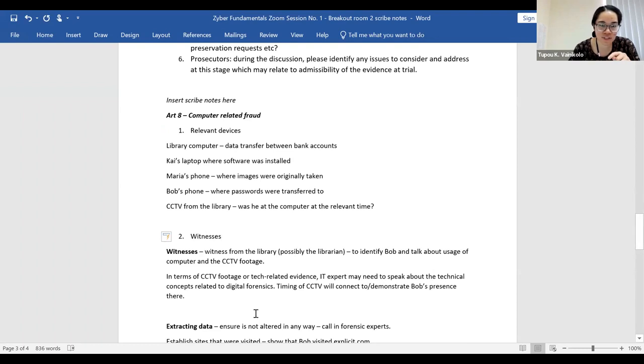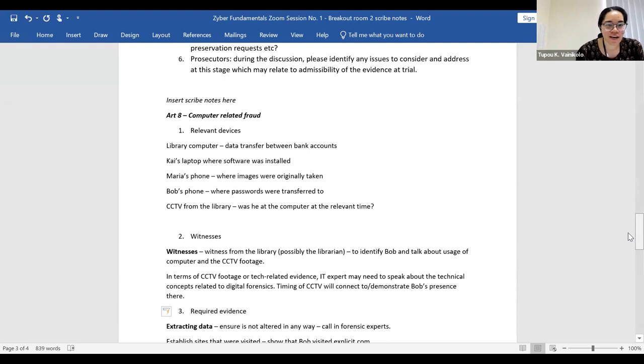You can see in the notes the reason why we wanted the library computer: we could get the financial transaction information from there, through a search of the websites that he was accessing at that time. Also Kai's laptop, that's where the software was installed. Maria's phone was used to take the photos.